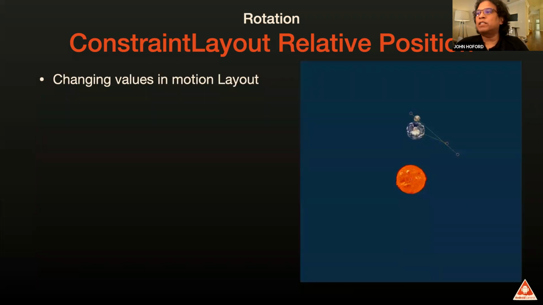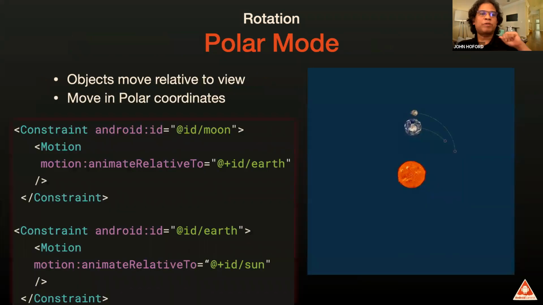In fact, if you try to animate those kinds of relationships, it will want to move in straight lines, which is exactly the opposite of what you want. Well, now with polar mode support, by just adding animate relative to, you can say that you want those motions to be in a polar coordinate system. And as you can see in that animation, it moves smoothly.